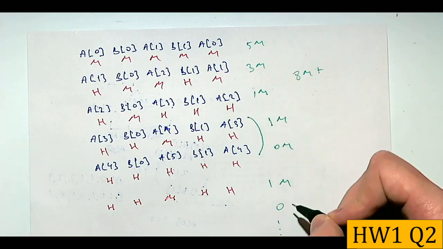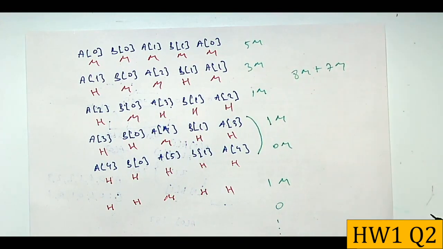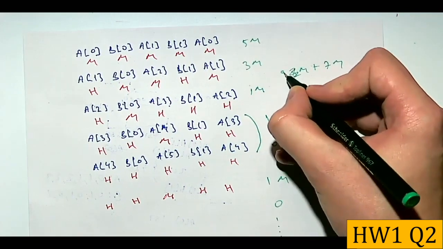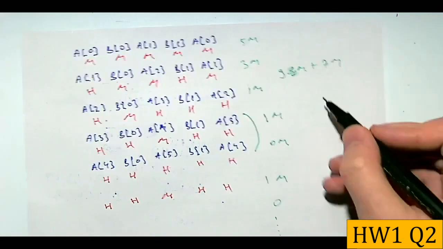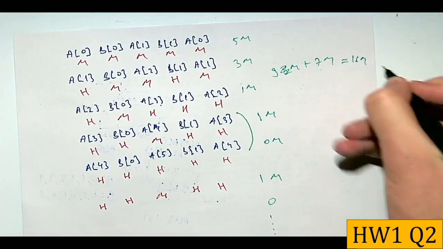So it's 13, right? But 6, 7, right? So we'll have 7 more misses here. Sorry? 13. That's 7, isn't it? Oh, yeah, okay. Sorry. This is 9. Yeah, so in total we have 16 misses.